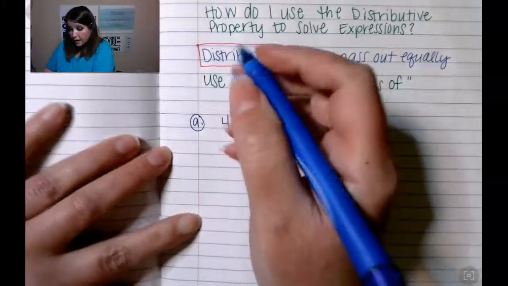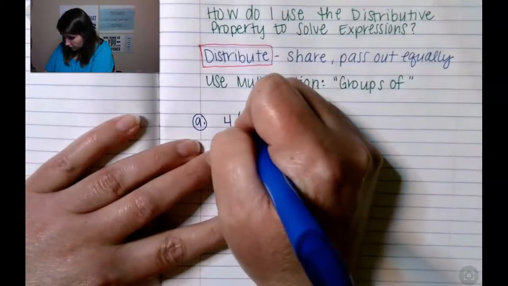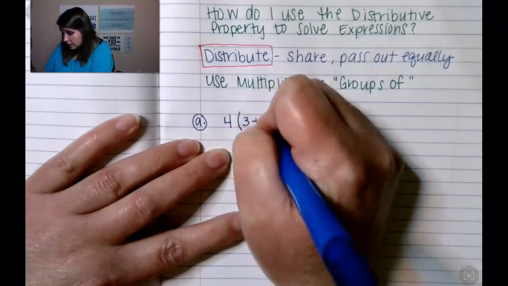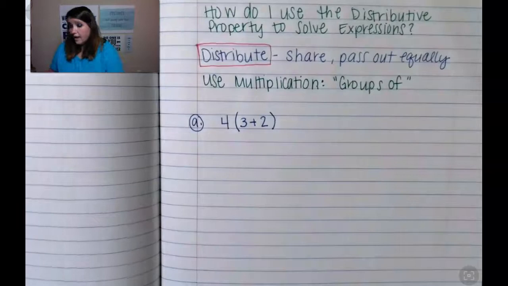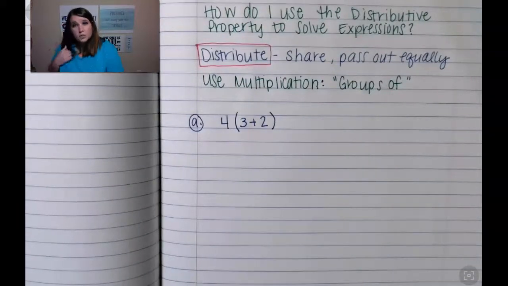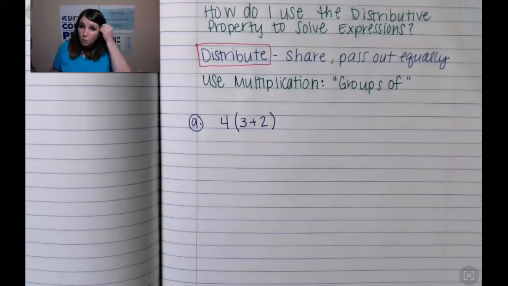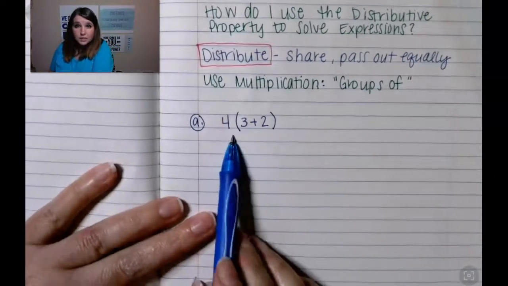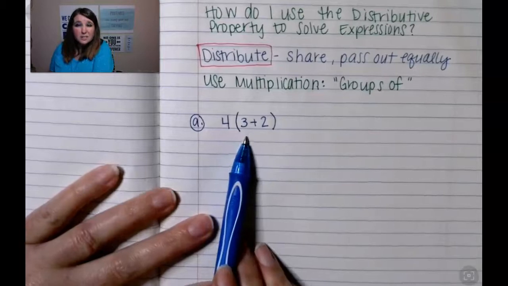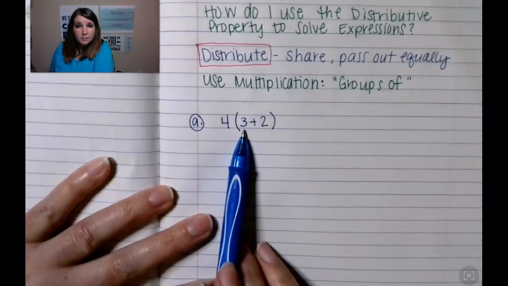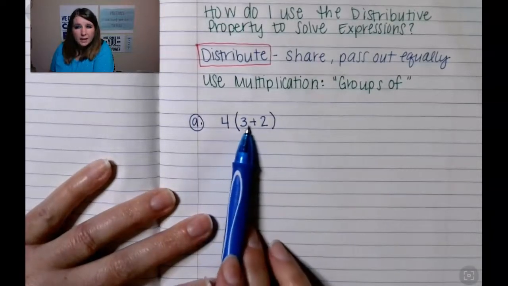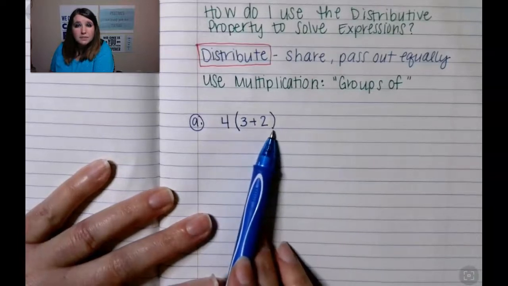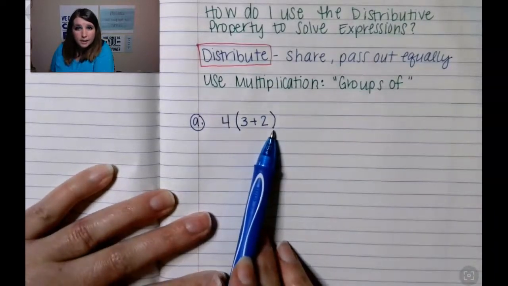So 4 times 3 plus 2. Now, when it says to solve using the distributive property, it does not want you to start by adding inside the parentheses. So if it says to solve using the distributive property, do not add in the parentheses. It means to share equally.